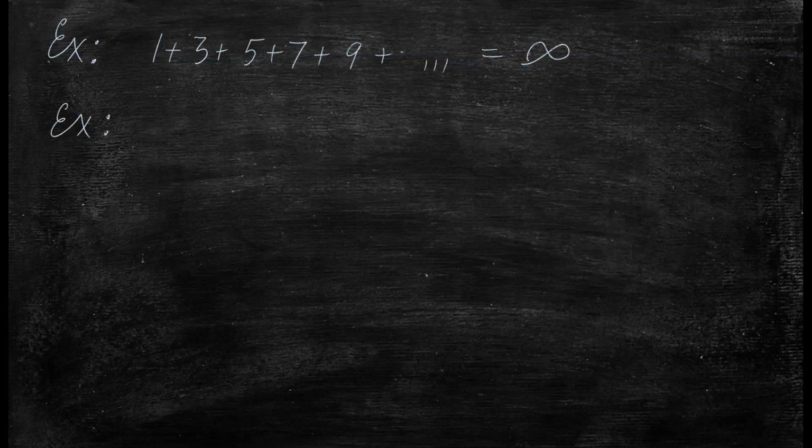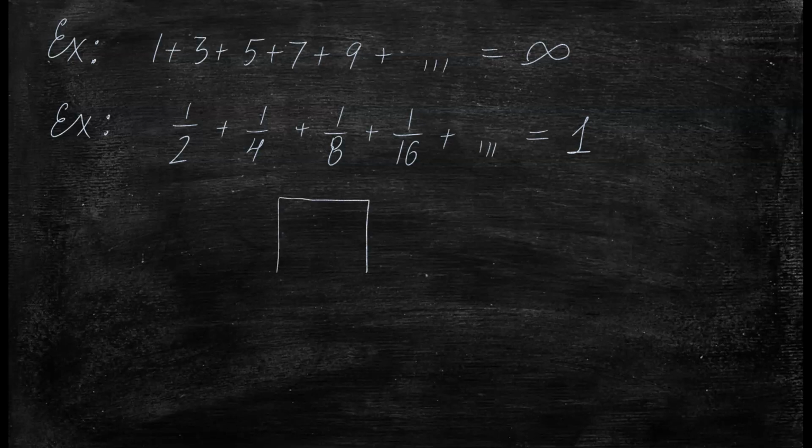However, if you consider the sum of all reciprocals of powers of 2, that, surprisingly, will add up to 1. And there is a nice geometric proof of this fact.